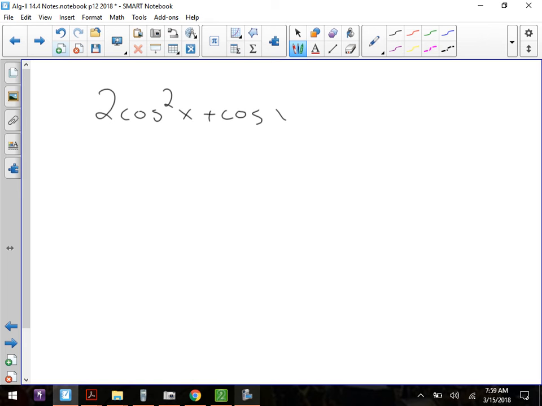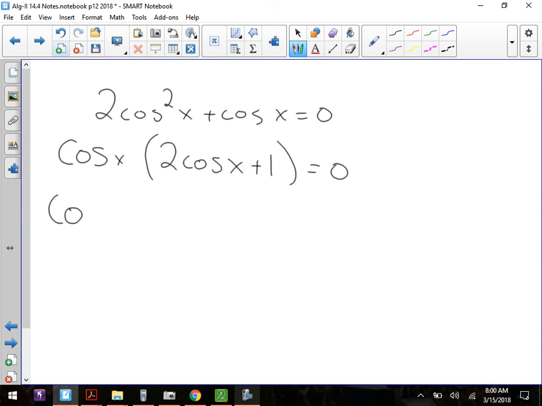You have to do this first to make anything work. Everybody do that first? I think we did one like that in class yesterday, so we had somewhat of a similar example. So your first rule here is to do what? Take out a cosine, very good. Factor out a cosine. And that'll give us cosine of x is 0, and then 2 cosine x plus 1 is 0.